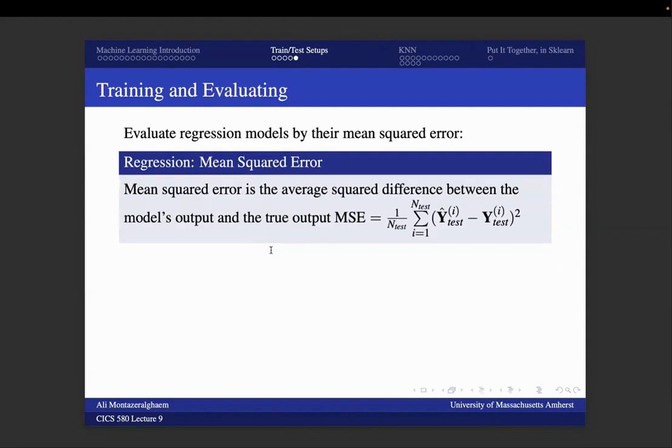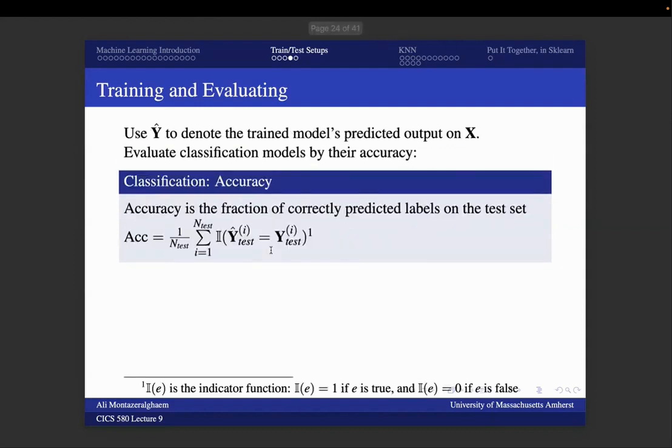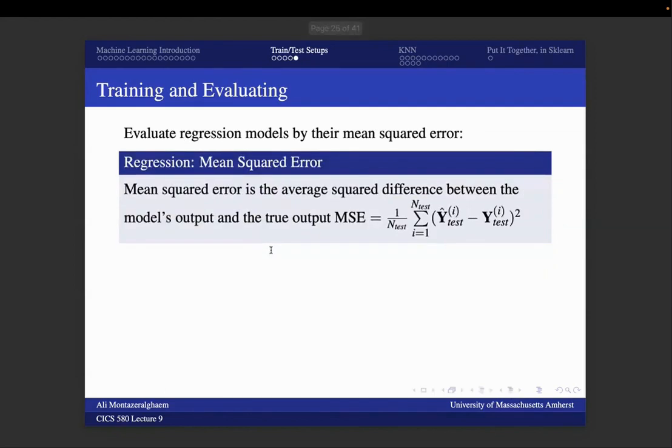This is useful for classification, but for regression models, as I mentioned in the previous slide, we predict a real value for each data point.